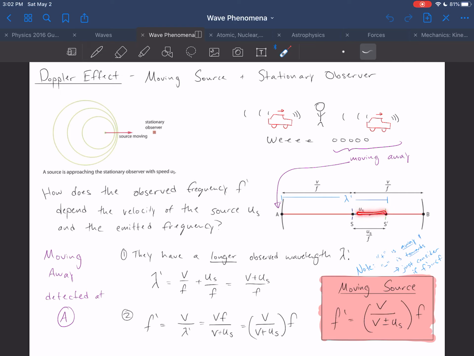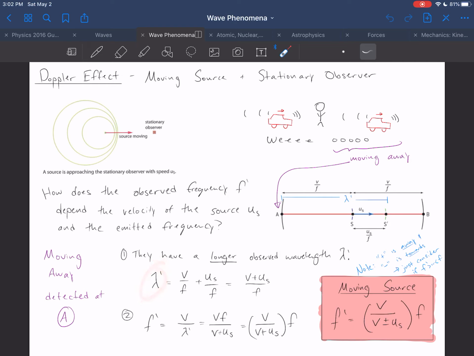So the source is now over here, and the source emits its second wavefront right at S prime. So the detected wavelength by the observer is lambda prime. And notice that lambda prime is longer than the original wavelength v over f. So we run the same calculation, and we find that indeed they have a longer observed wavelength.